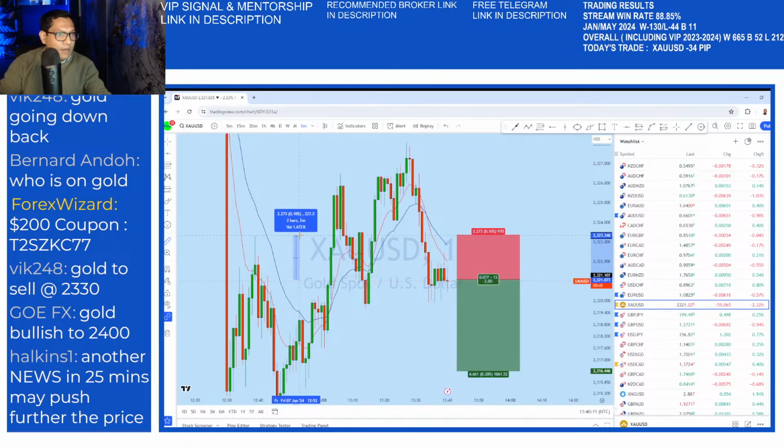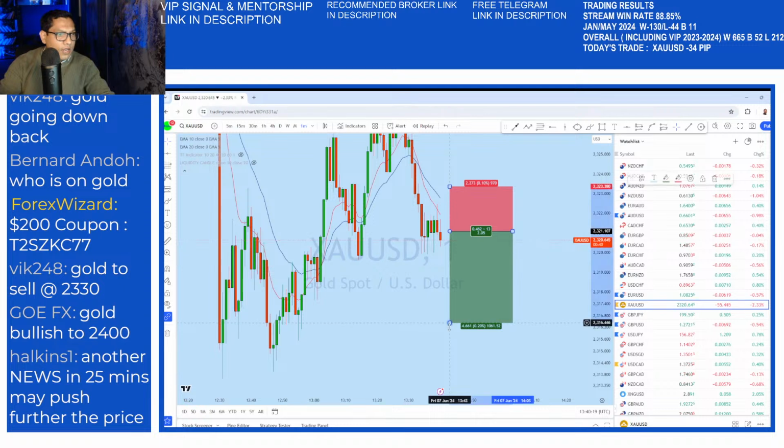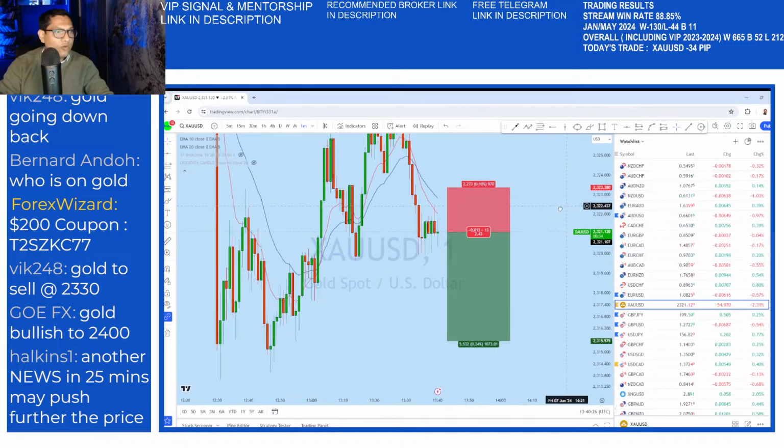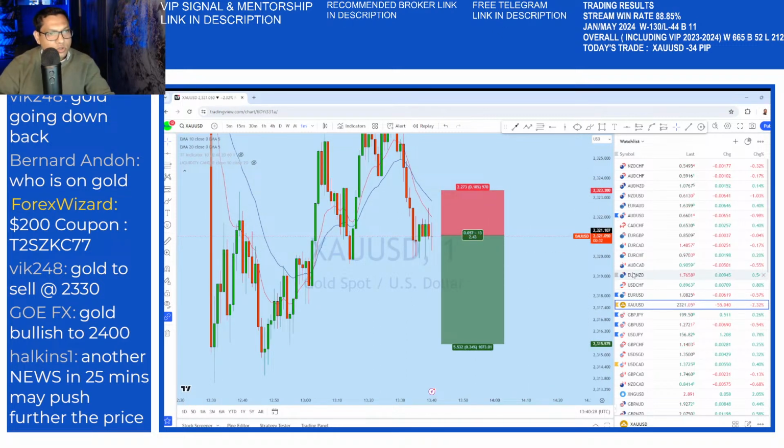It will be a sell by market trade. I know that it's a very quick entry, but there is no other way. So it will be a sell by market entry on gold from here, from this level. 2323.38 is the stop loss.